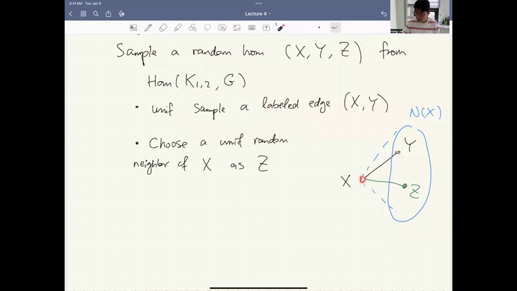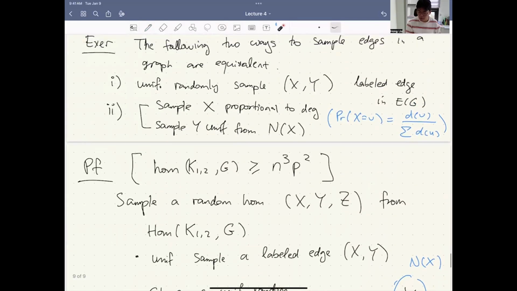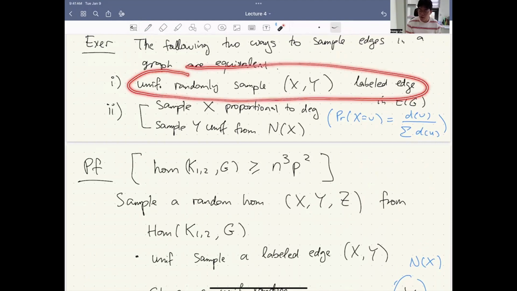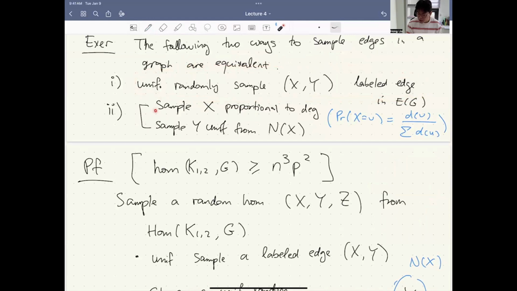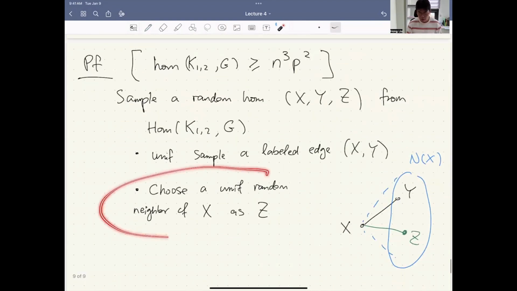If you fix x by this exercise, we sample xy as labeled edges uniformly at random, which is the same as saying we sample x according to some distribution, proportional to degree. Okay, fix x, then y, after fixing x, is uniformly distributed over N(x), which is exactly the same as the distribution of z, conditioning on x.